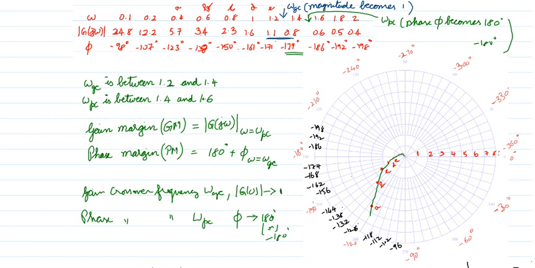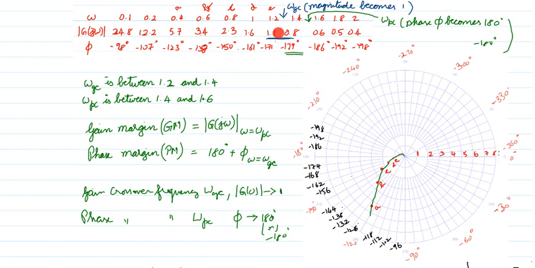If you look at the table values, we can see the magnitude is 24, 12, 5.7, 3.4, 2.3, 1.6, 1.1. Here we are getting 0.8. So at omega equal to 1.2, the magnitude is 1.1. At omega equal to 1.4, the magnitude is 0.8. So between omega 1.2 and 1.4, there is the magnitude of 1. Can you understand?